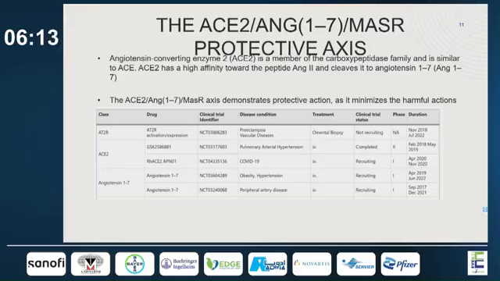There are a number of drugs that use this pathway. Some are being placed in clinical trials, and they started even in the COVID era to use them in management of patients with hypertension and pulmonary arterial hypertension, as well as peripheral vascular disease.